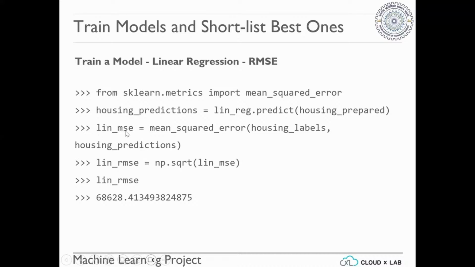So this variable contains the mean squared error, and since we want the root mean square error, therefore here we are doing square root, right? Because we want root mean square error. So lin_mse contains the mean square error. After this operation, we will get this value. So here the root mean square error is 68628, right?